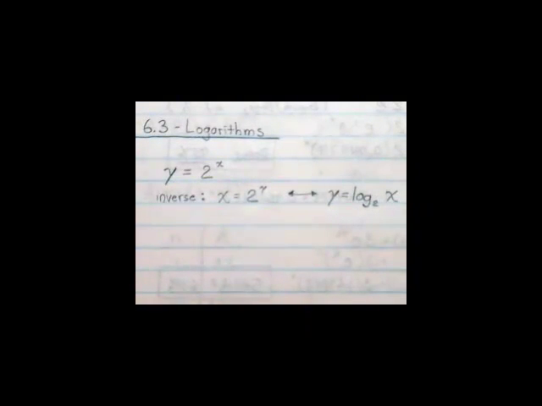If x equals 2 to the y, then y equals log base 2 of x. Okay, so there isn't a technique of doing some kind of algebra to get it there. It's just, okay, we're going to call this thing a logarithm and it looks like this.